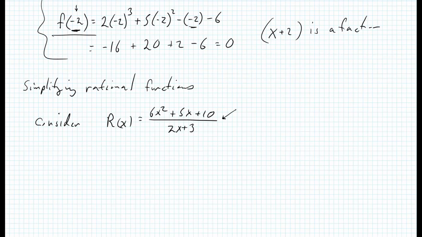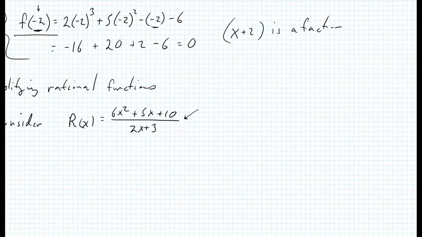So if I do polynomial division off to the side, like scratch work, I have 6x squared plus 5x plus 10. I'm going to divide that by 2x plus 3. And let's see, I'll do this fast. 3x, I get 6x squared.